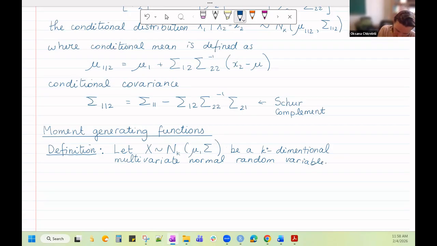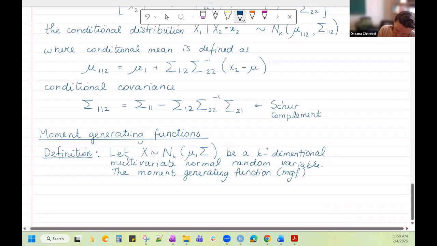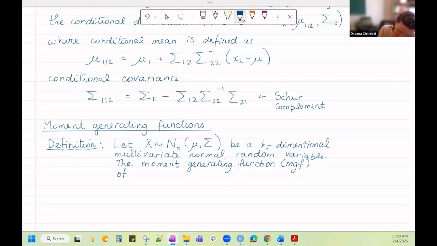The moment generating function, or MGF, is defined for any vector t in R^k as follows.